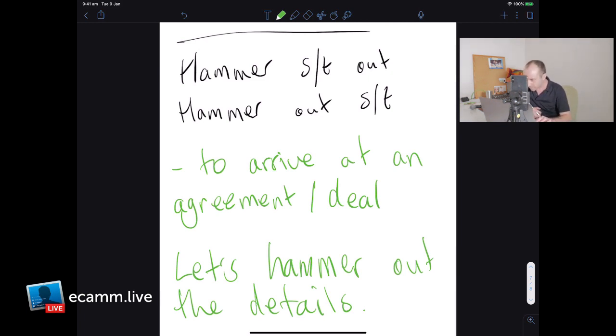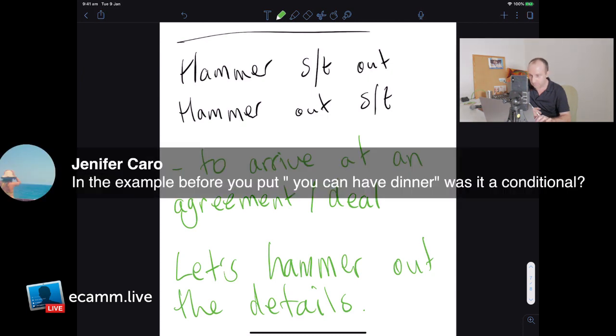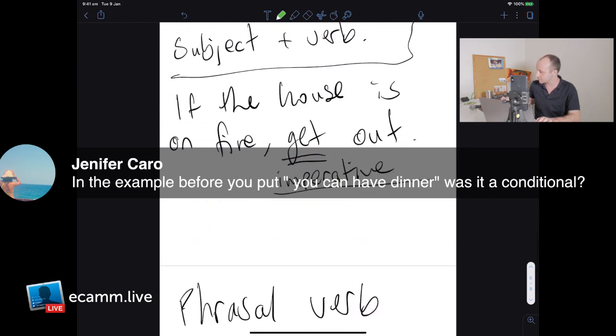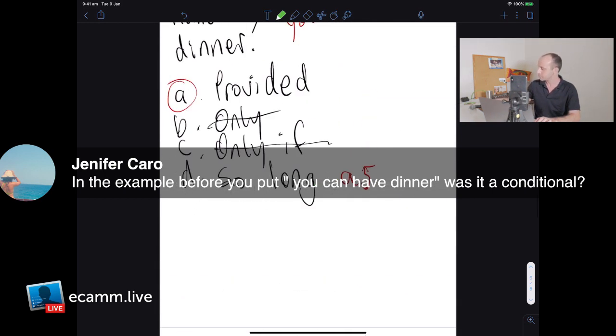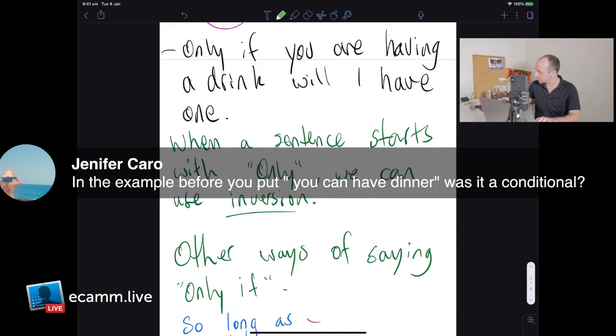Good, good. Before you put you can have dinner, was it a conditional? Let's go back then to conditionals. Fantastic. In the example before, you put you can have dinner. Was it a conditional? Yes, it was. Let's go back here. Where did I put it?